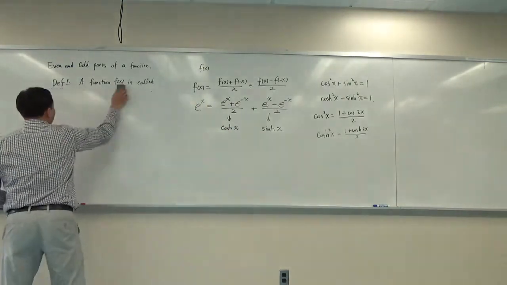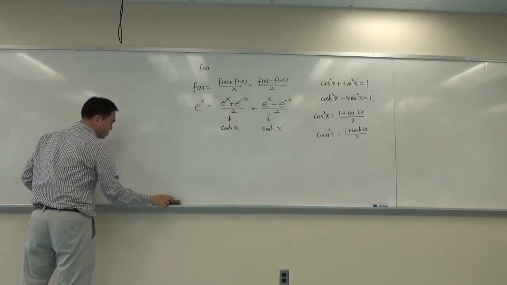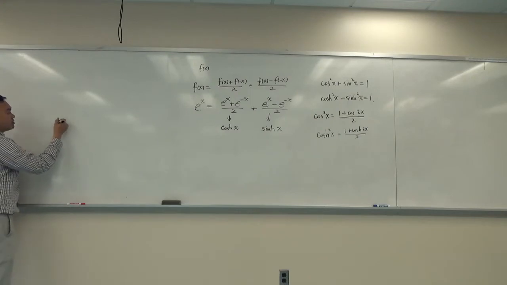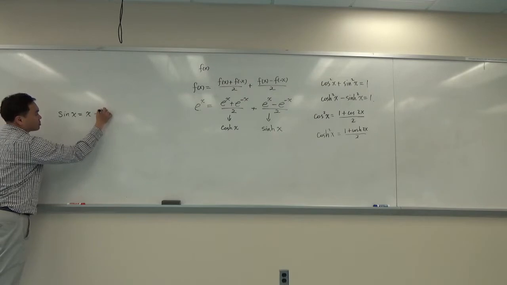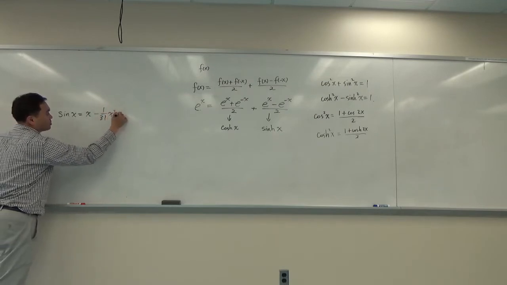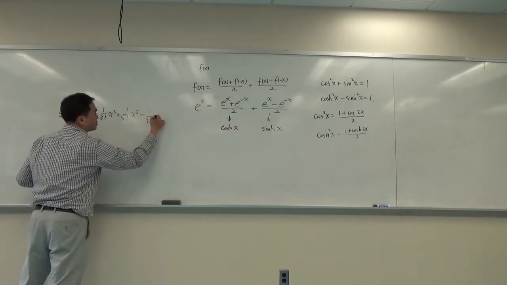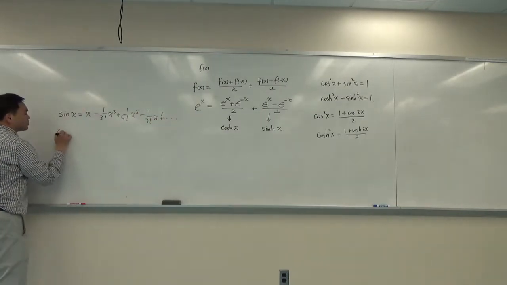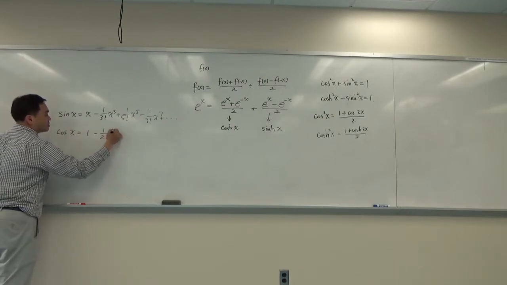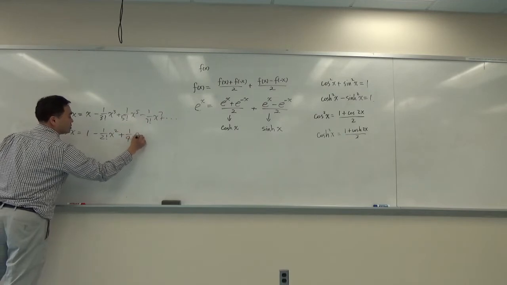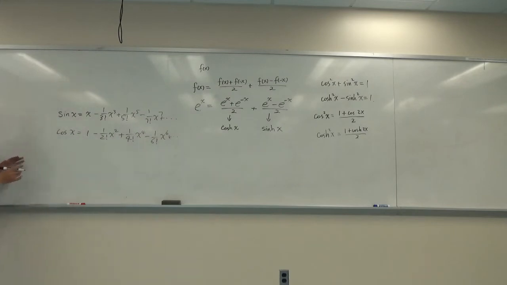Okay, all right. So the final comment on even and odd is the following. I explained yesterday that sine of x is x minus 1 over 3 factorial x cubed plus 1 over 5 factorial x to the 5th, and cosine of x is the corresponding series.